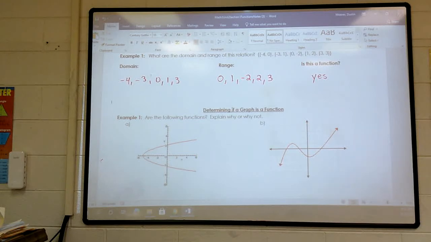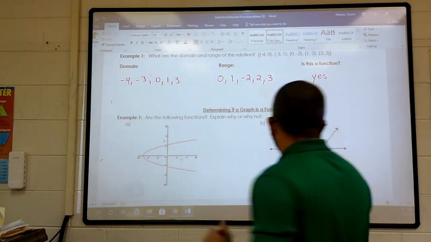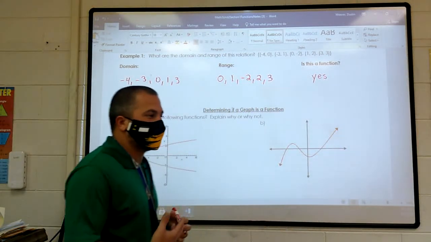Then you can look at a graph. Does anybody remember on a graph how you can tell if something is a function or not? It's called the vertical line test. So if it passes the vertical line test, it will be a function. If it doesn't, it's not.